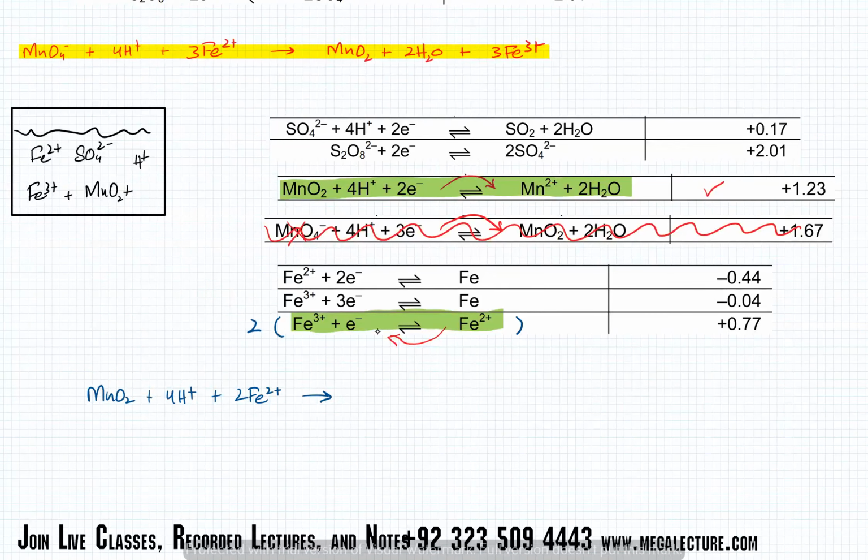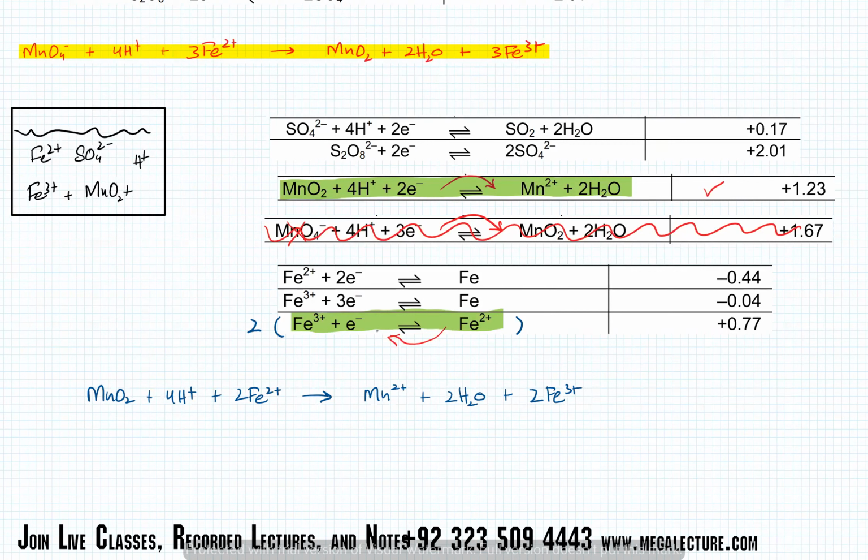And what's your product? The product in the first one is Mn2 plus, and 2H2O, and नीचे जो product है, that's 2 Fe3 plus.